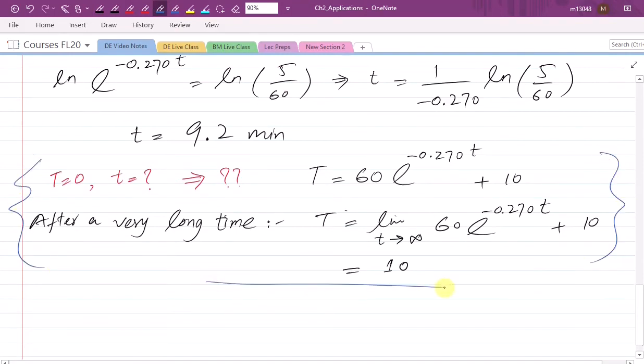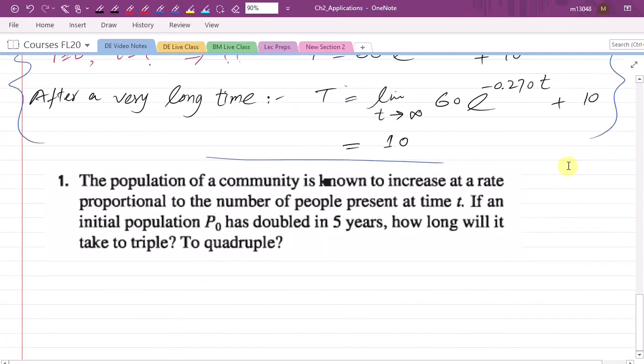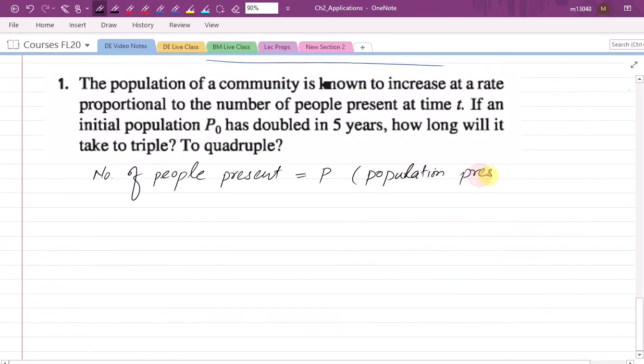Some extra information. The population of a community is known to increase at a rate proportional to the number of people present. The population present at time t is known to increase at a rate proportional. So what is the rate? The rate is the change in population with time, dP by dt.